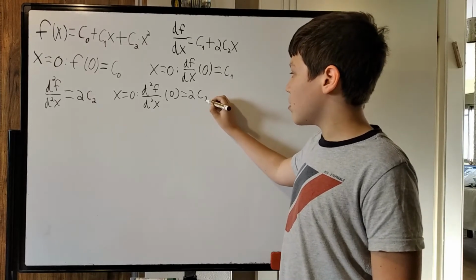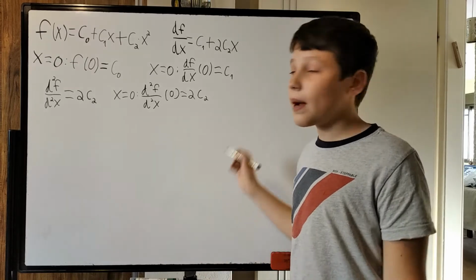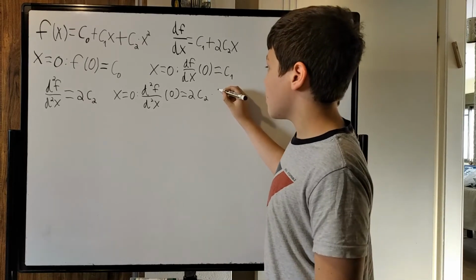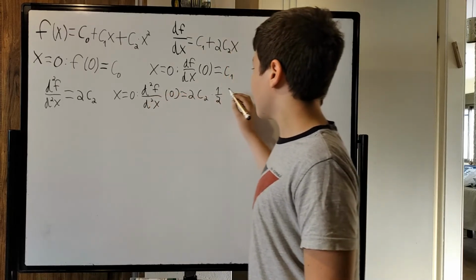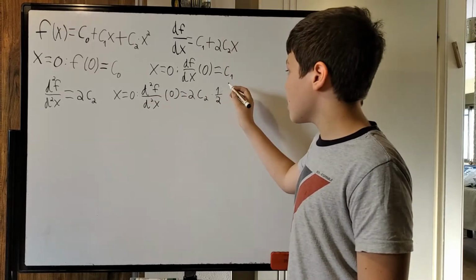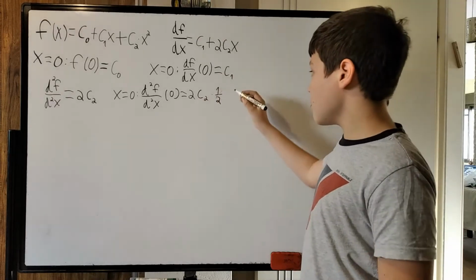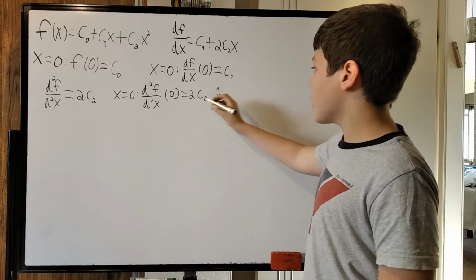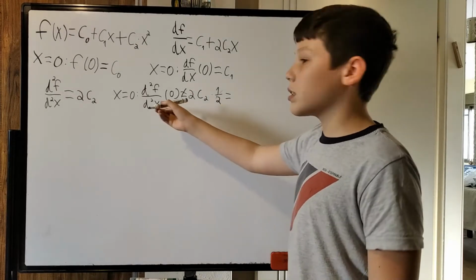So what we'll do is very simple. Multiply by 1/2 on both sides. Multiplying by 1/2 will cancel the 2, and we'll have c2, but then this is not equal anymore, because it will be equal to 1/2 of this.